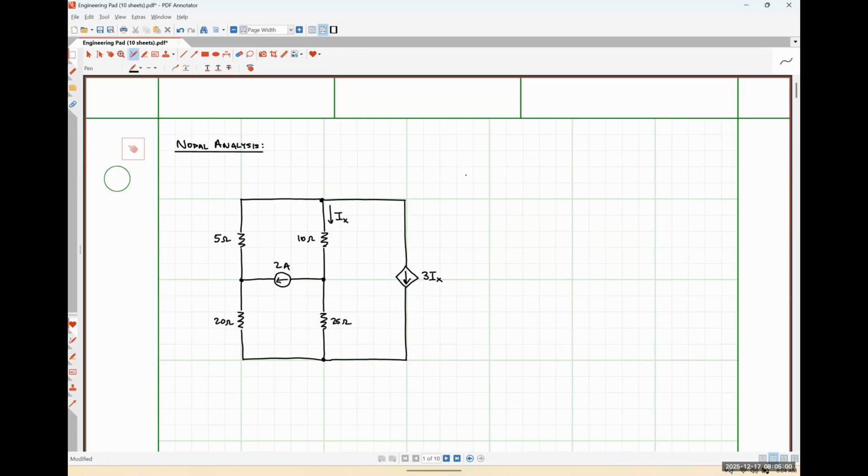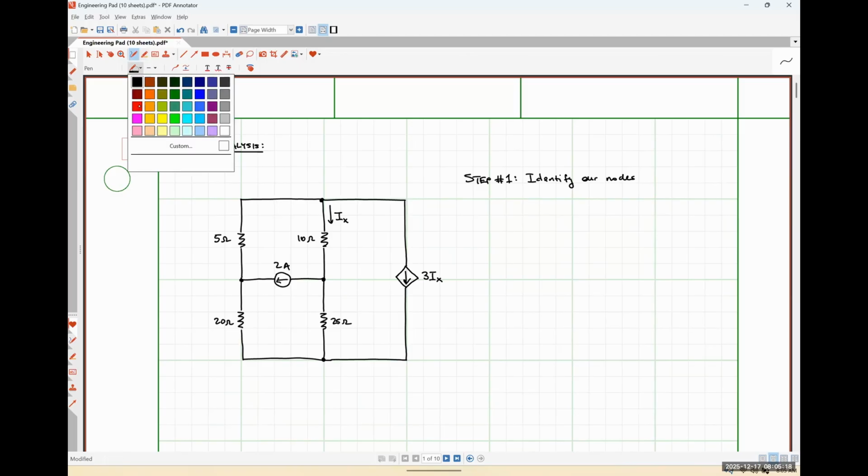So our first step in nodal analysis is simply going to be to identify our nodes. So I'm going to do that the exact same way that I've done it every other time in this class by just starting with different colors and labeling things like so.